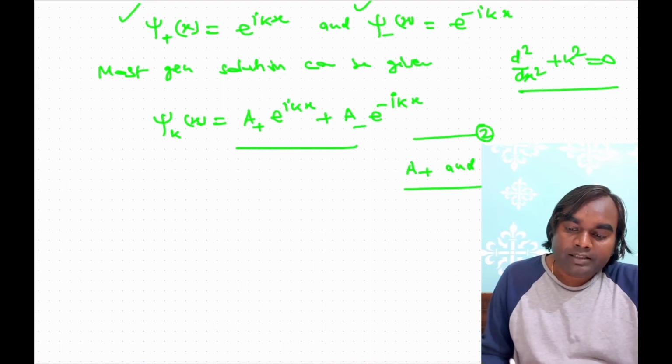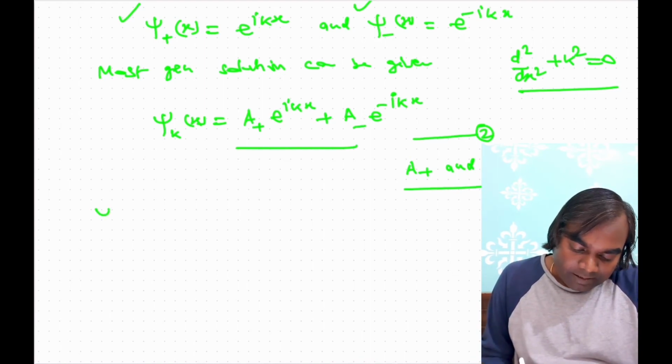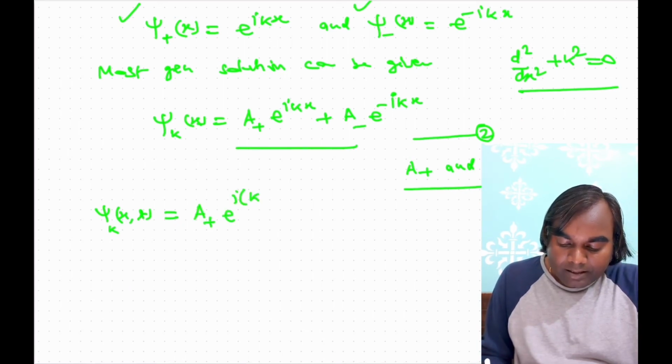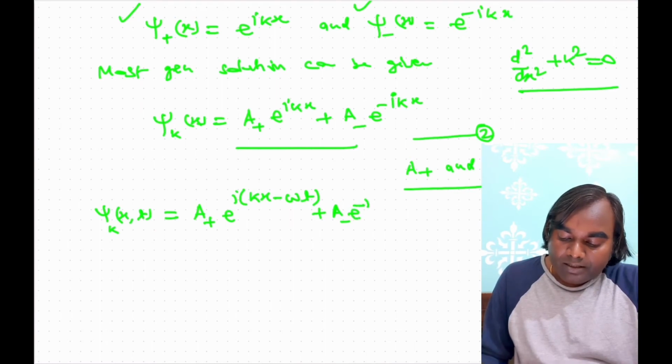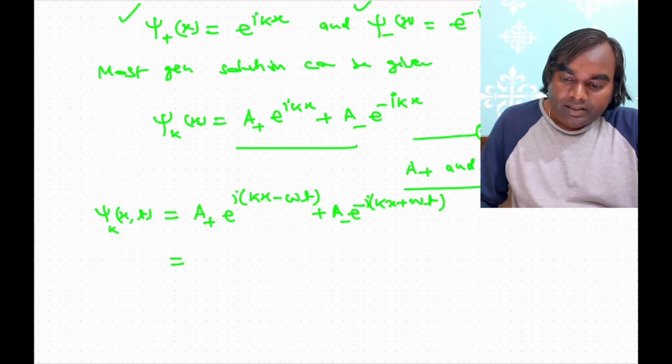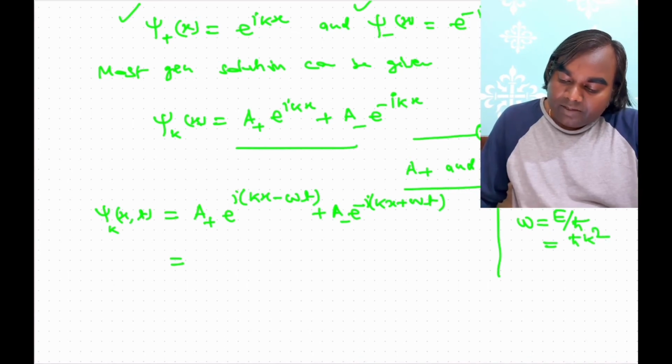So the complete wave function is given by the stationary state ψ(x,t) = A+ e^(i(kx − ωt)) + A− e^(−i(kx + ωt)), which can further be written in terms of the energy or k value, as we know that ω = E/ħ, that is equal to ħk²/2m.